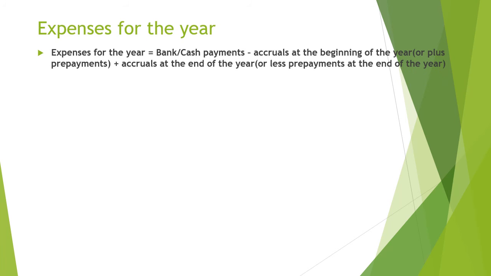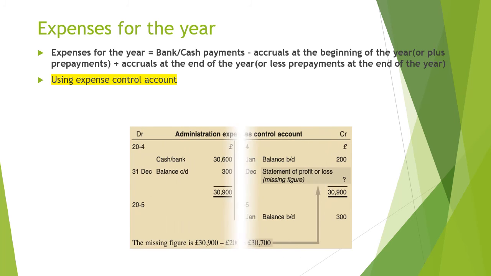Expenses for the year. Expenses for the year is equal to bank or cash payments minus accruals at the beginning of the year or plus prepayments, plus accruals at the end of the year or less prepayments at the end of the year. Using the administration expenses control account, we have this example. Balance brought down was a credit balance of £200.